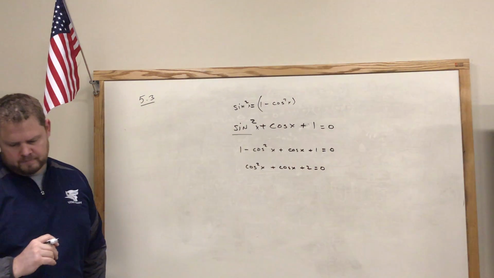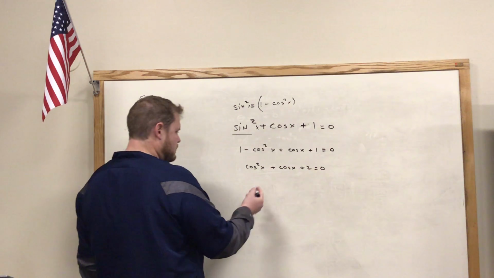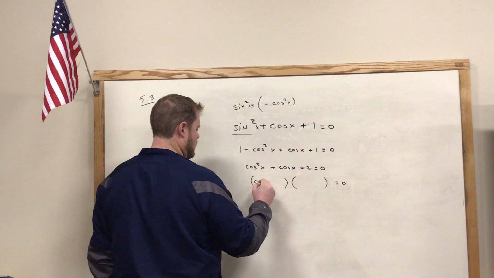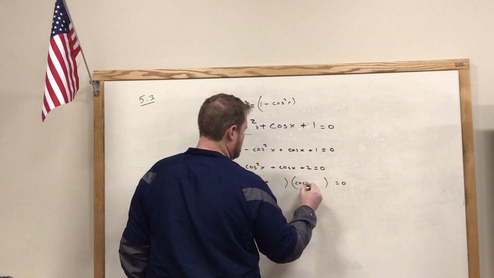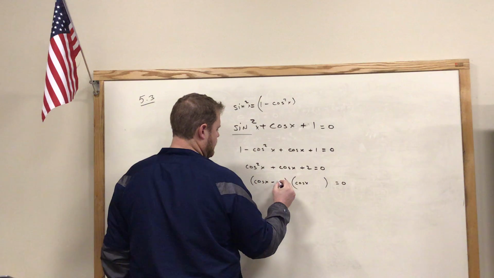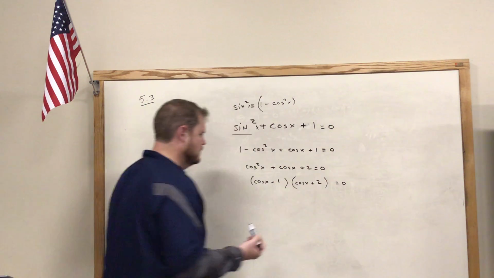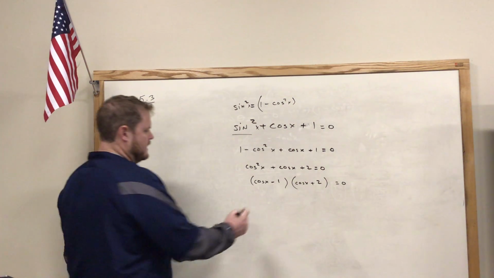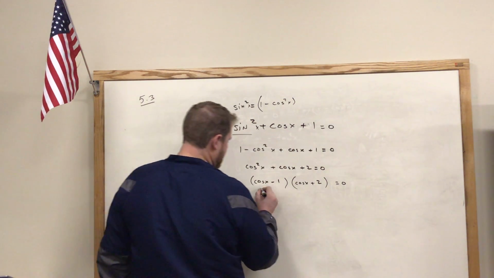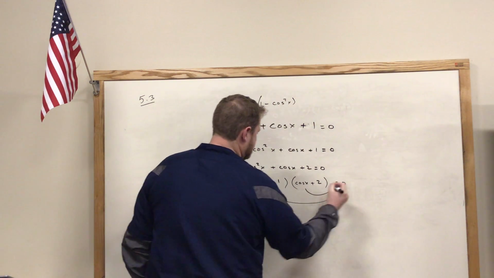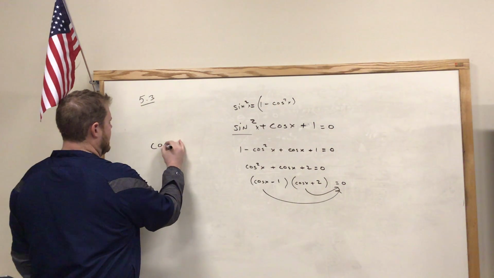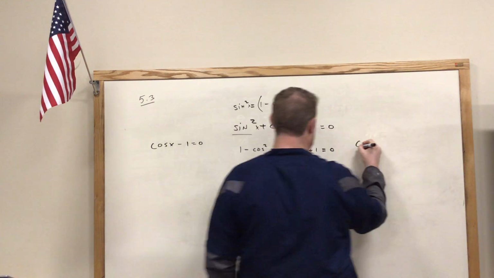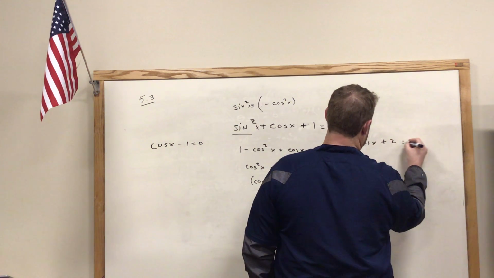Now what? Cosine x minus 1 plus 2. So think about this for a second. Can I solve these, in terms of equals 0? It's going to be cosine x minus 1 equals 0, and we'll solve this one over here: cosine x plus 2 equals 0.